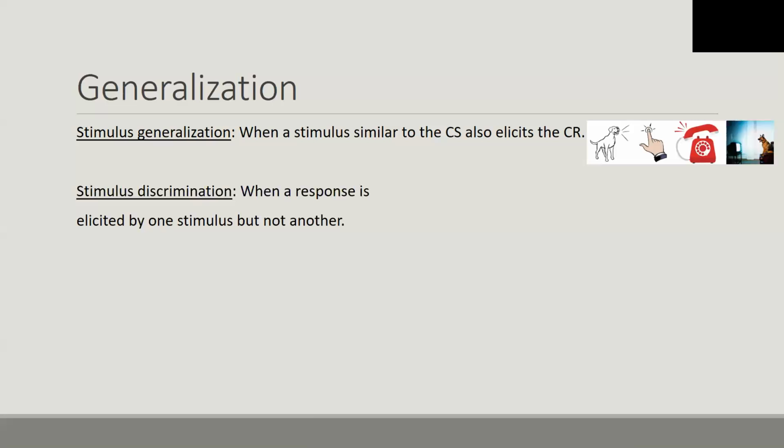But there is some discrimination here. Luckily, a dog doesn't bark at everything, so it does not generalize to, say, a cell phone ring. The cell phone ring sounds much different than this landline ring. It doesn't really sound like a ring at all. It's more like a tone or a tune. And so the dog doesn't choose to bark at that.